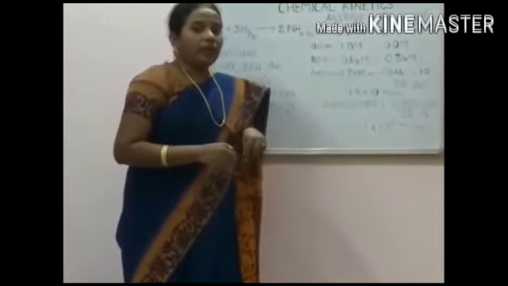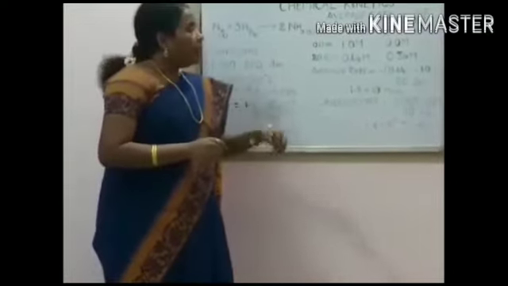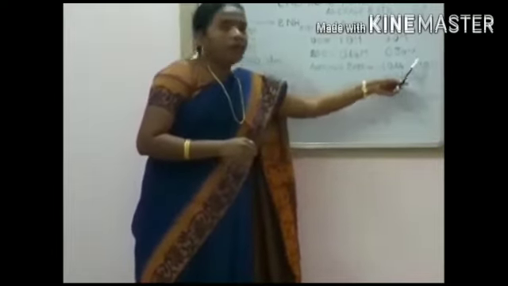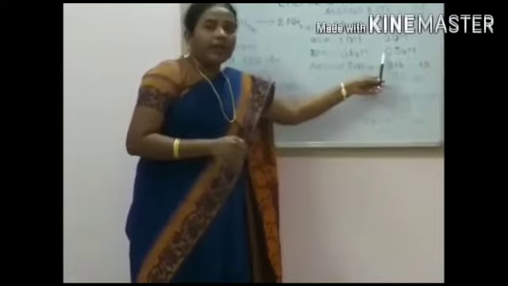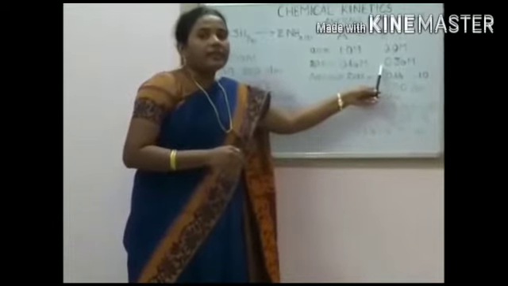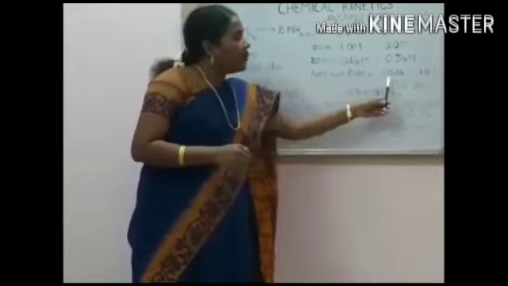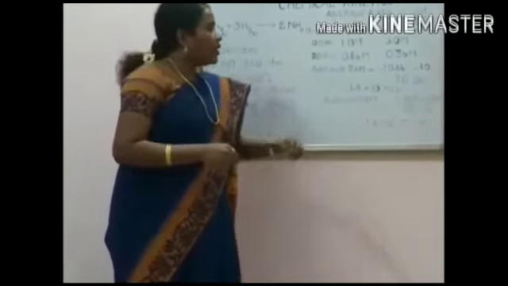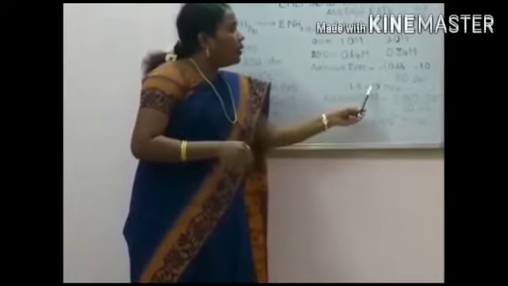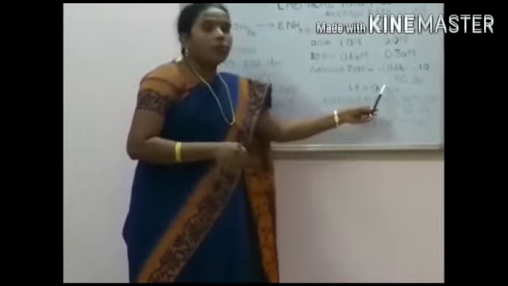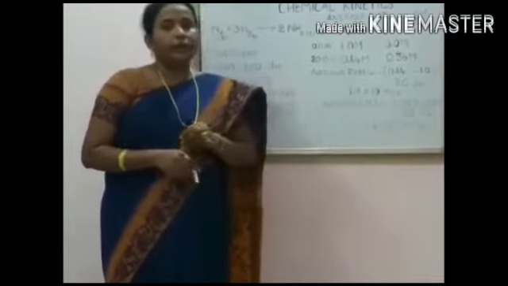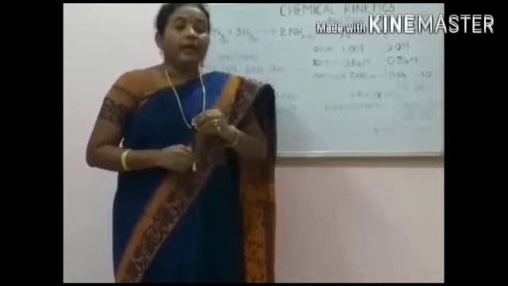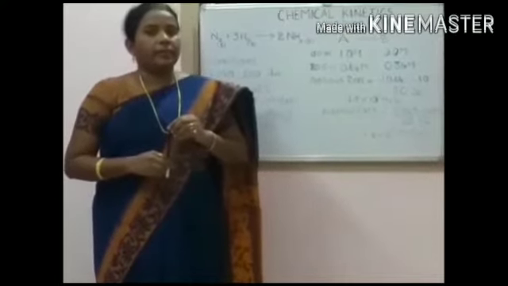Now, we calculate the average rate by subtracting the initial concentration of A from the final concentration of A at 20 seconds divided by 20 seconds. This gives 1.8 into 10 to the power minus 2 molar per second. The average rate can also be calculated in terms of products.